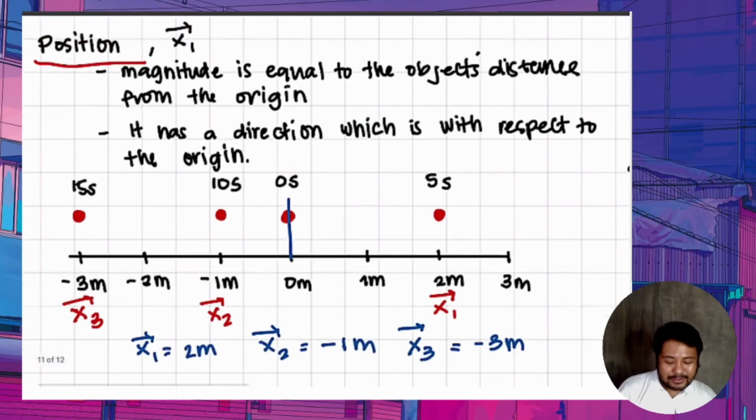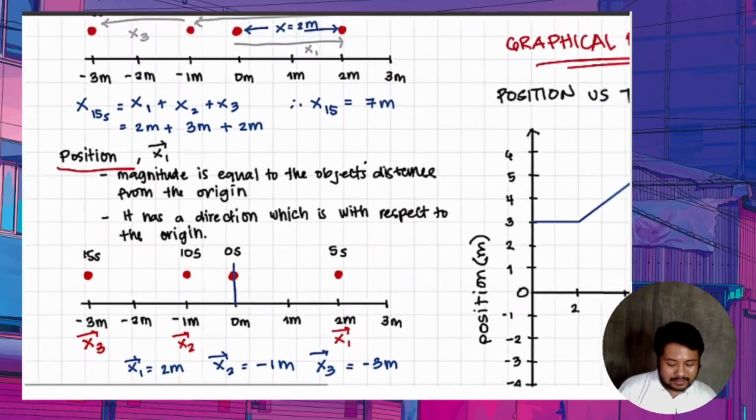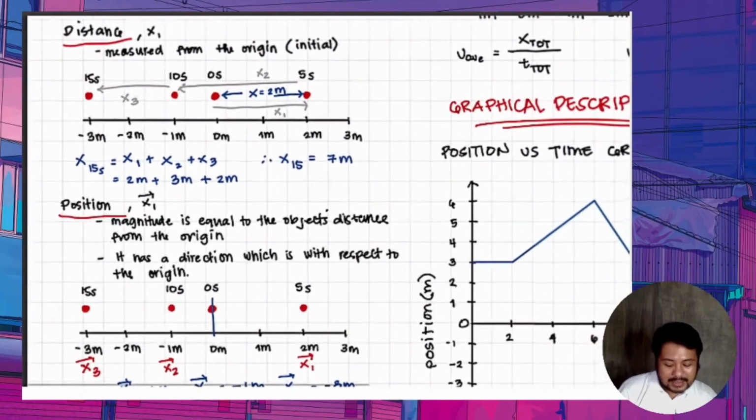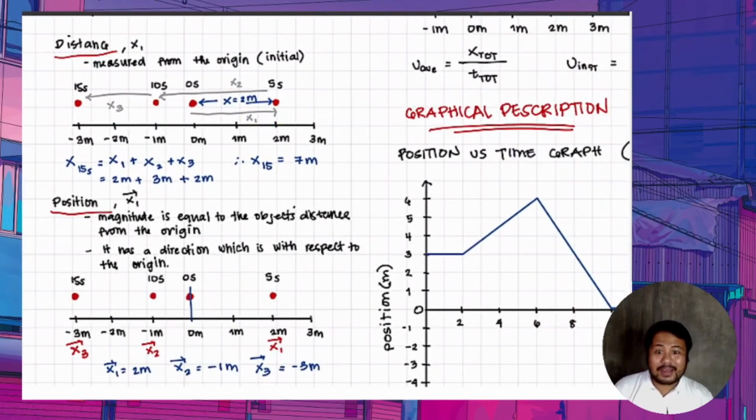Okay? So, wag malito kay distance at saka kay position. Iba-iba ang kanilang idea. Okay? Distance is a scalar quantity. It's the total or the actual path taken by our object or by our particle. While our position, it is still measured from the origin, but it should have a direction.